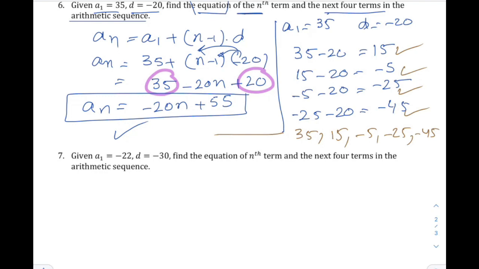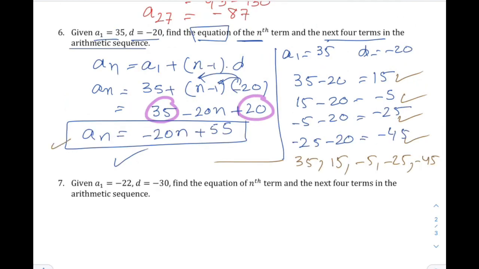You can mentally do that, by the way. If you are not familiar with this, it can be done mentally because you know that it will decrease by 20. So start by 35, decrease 20 each time. He needs only 4 terms, so you can list them easily.